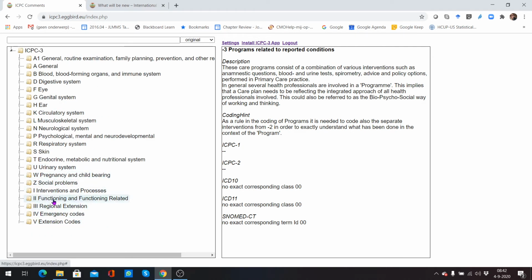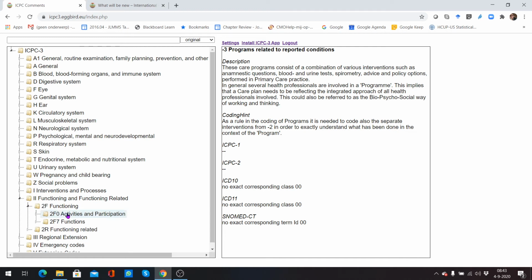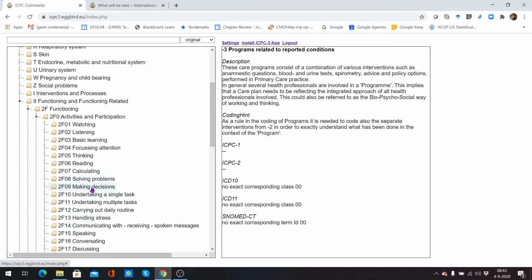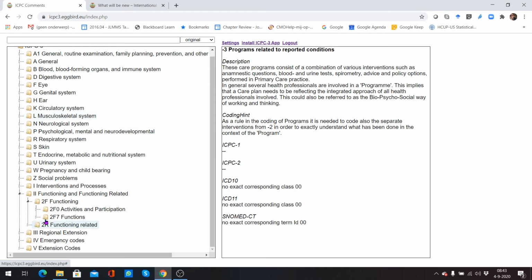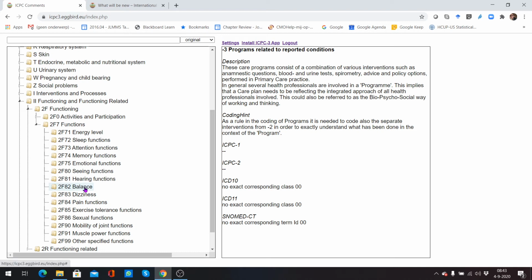Fourth, and completely new in the ICPC, is the chapter Functioning in relation to health. This chapter provides a specific selection for primary care of activities and participations, activities such as solving problems, making decisions, carrying out daily routine, and also, I'll close this, physiological functions such as balance, dizziness, and pain functions.